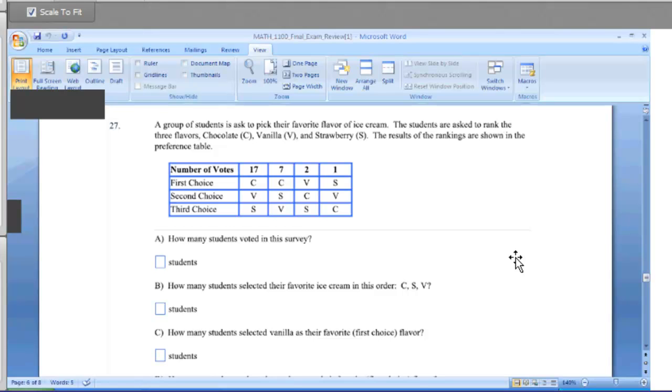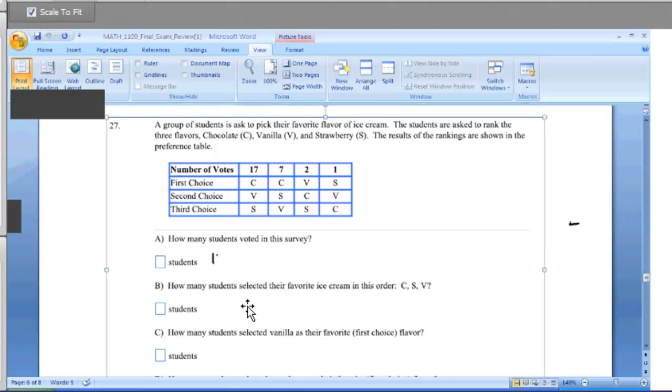Well, first off, we have 17 people that voted with their order preference being chocolate, vanilla, strawberry, 7 that voted chocolate, strawberry, vanilla, 2 that voted vanilla, chocolate, strawberry, and 1 that voted strawberry, vanilla, chocolate. So the number of votes, we just add those up. So we have 17 plus 7 plus 2 plus 1, which gives us 27.